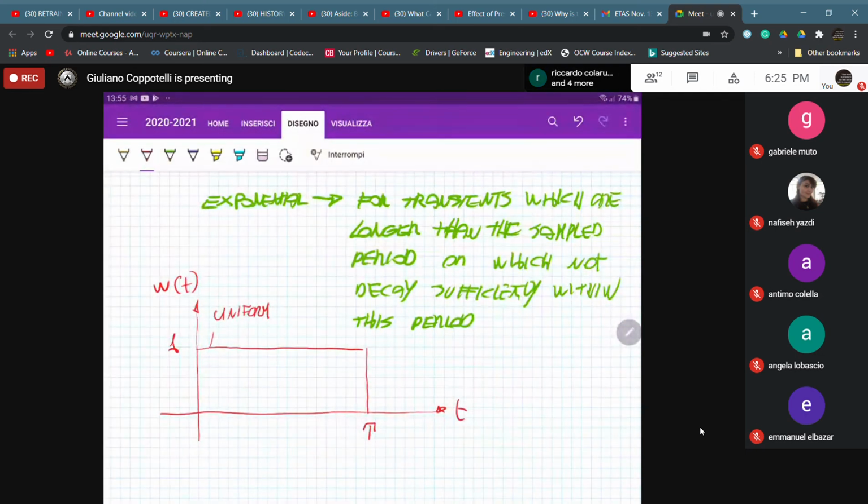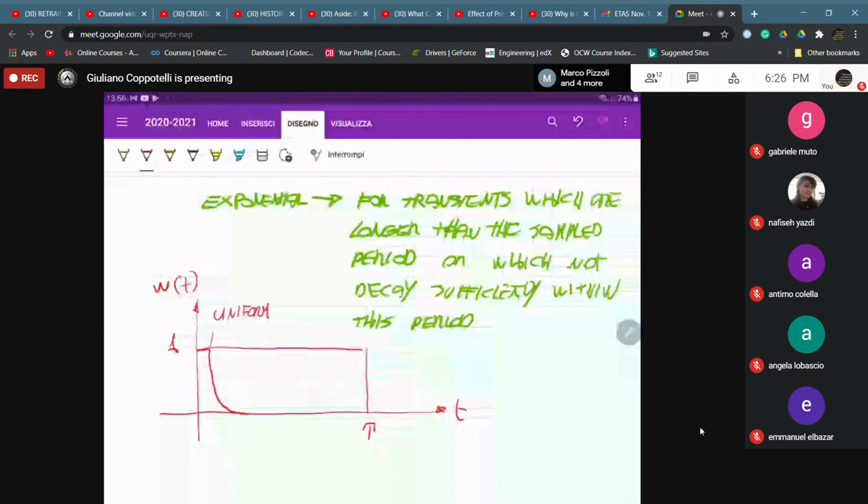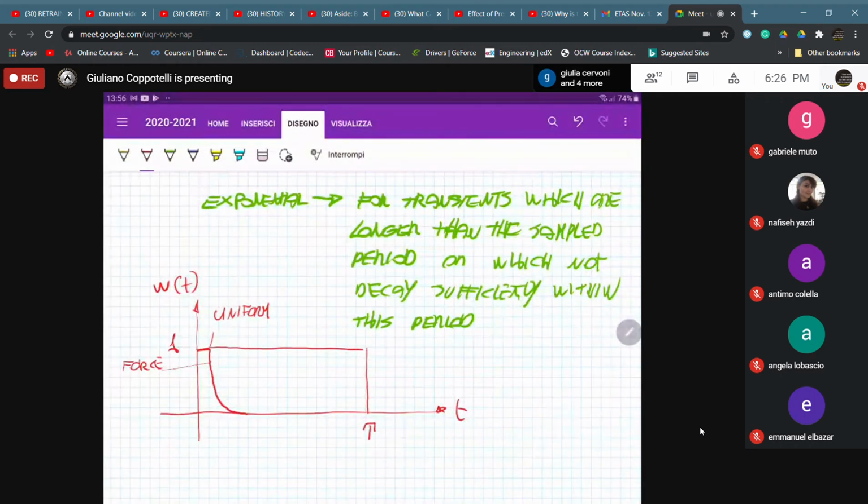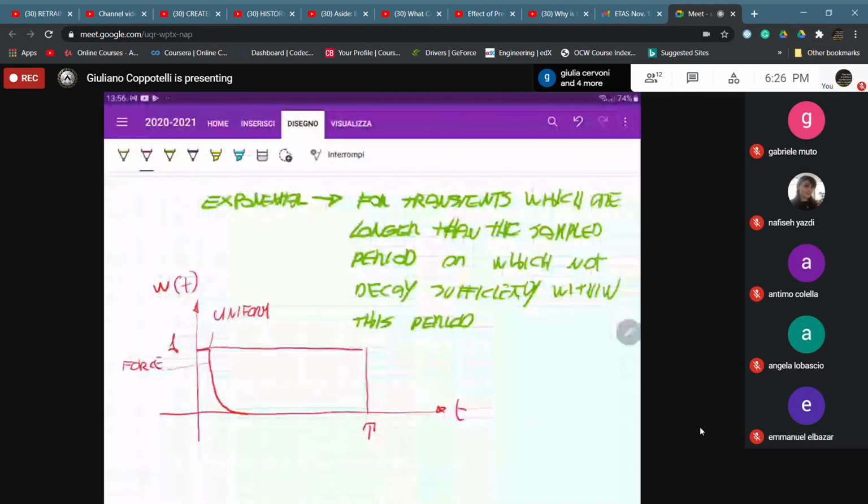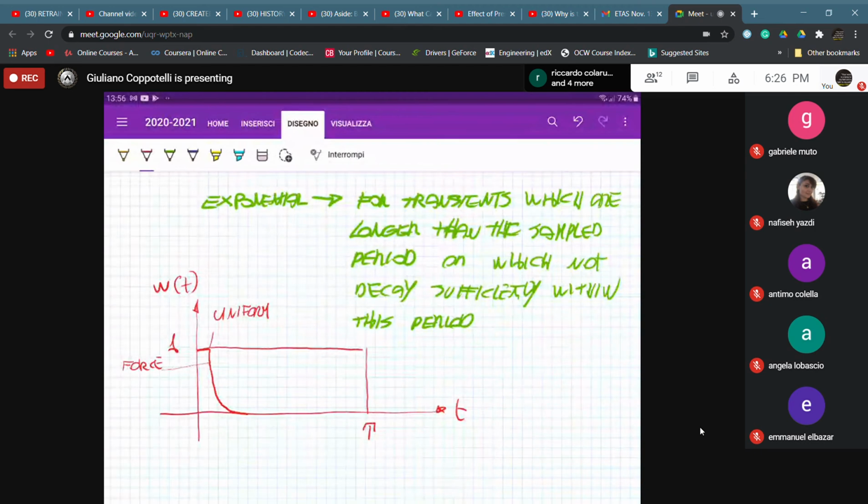Then we have something like that, and that is the force function. It is characterized by a flat first part for a very short duration, and then an exponential part.